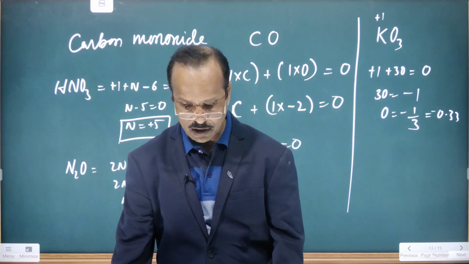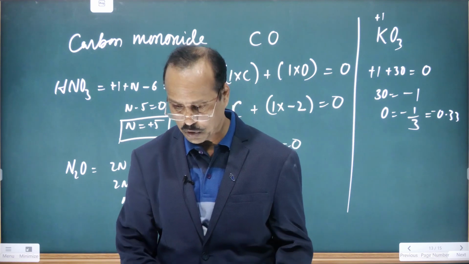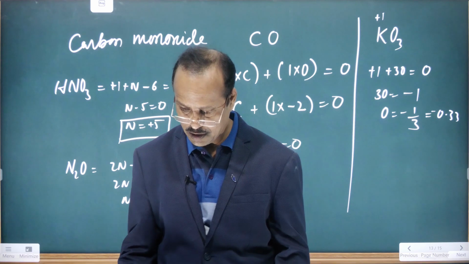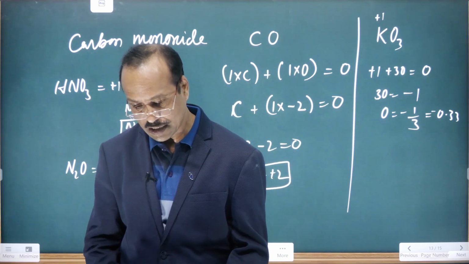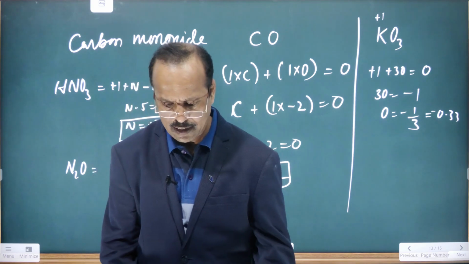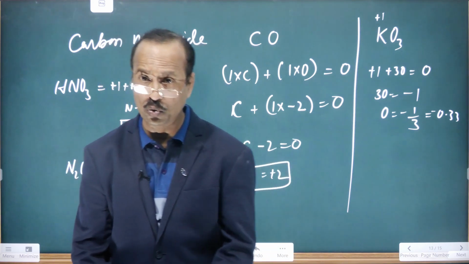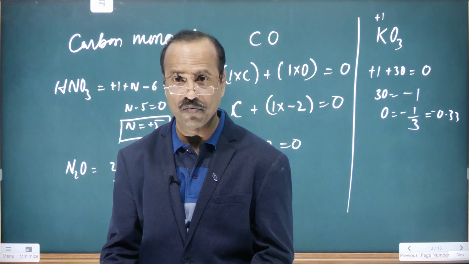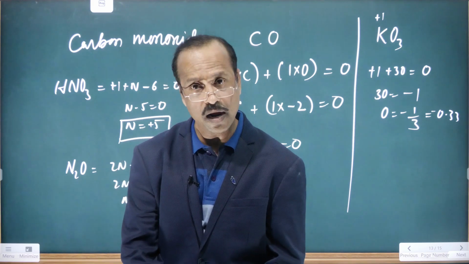Okay, so these are some of the questions, and try to solve these questions. The concept is very important, students. Here only the concept is very important, only rules are there. These rules you have to follow. If you can understand the rules, you can find the oxidation number of any element in a compound.